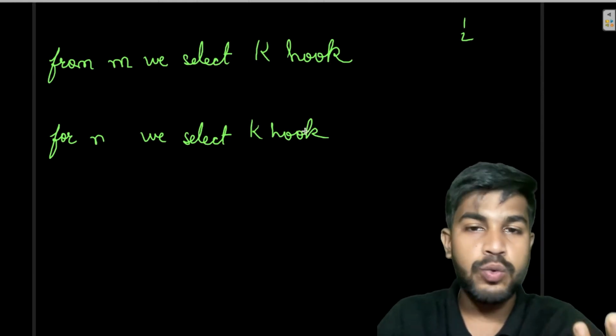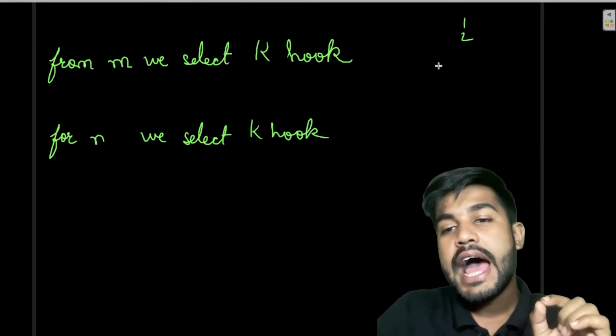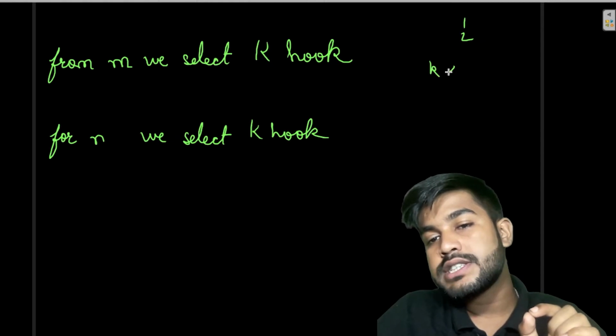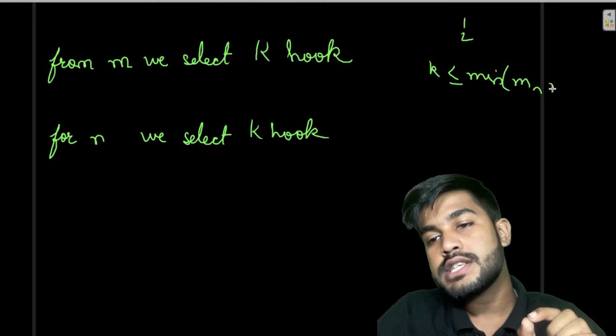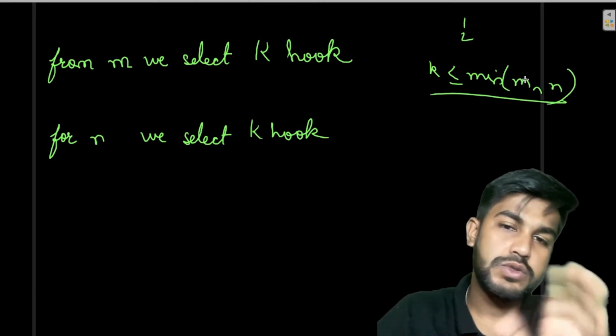Otherwise, fewer than that wouldn't work. We are also given that the number of ropes is less than or equal to the minimum of M and N. So this is also solved.